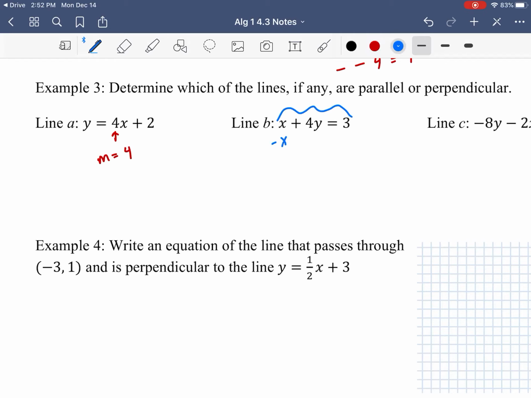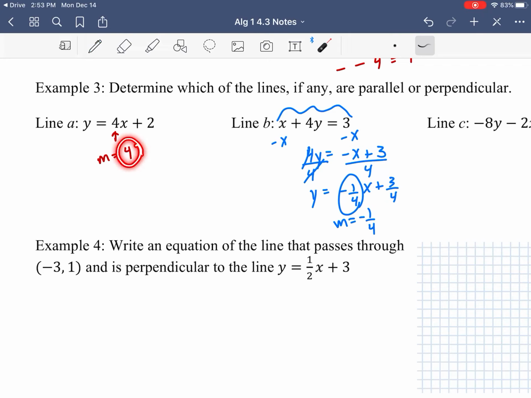I'm going to have to subtract the x from both sides. So I have -x plus 3 and then divide by 4. So I'd have -1/4 x plus 3/4. So here my slope is -1/4. So if you notice, this slope's positive and it's 4, or 4/1.